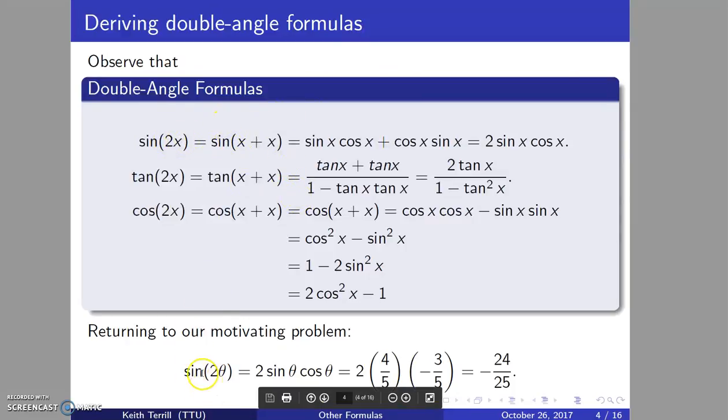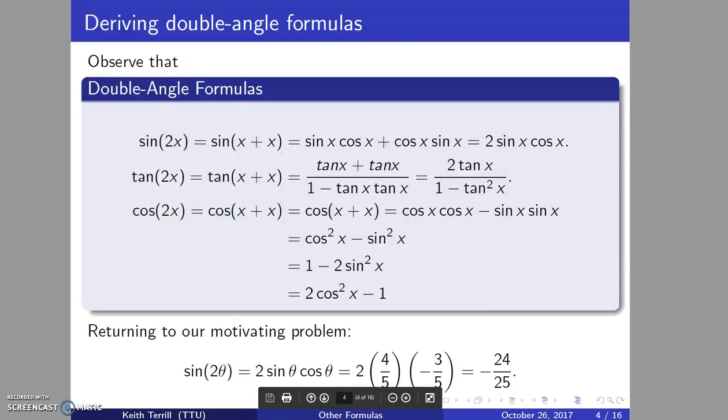So sine of 2 theta would be sine of theta plus theta. Applying our sum formula from last time, that's sine cosine plus cosine sine, but since it's x all the way through, you have 2 sine x cosine x. So sine of 2 theta is going to be 2 sine theta cosine theta.